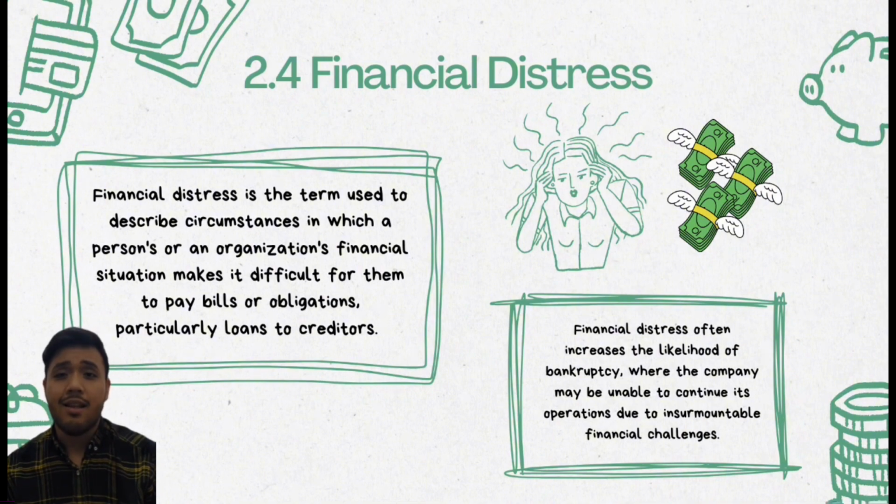Financial distress is often a precursor to bankruptcy and can permanently damage creditworthiness. There are multiple warning signs that could indicate a company is experiencing financial distress or is about to in the near term.